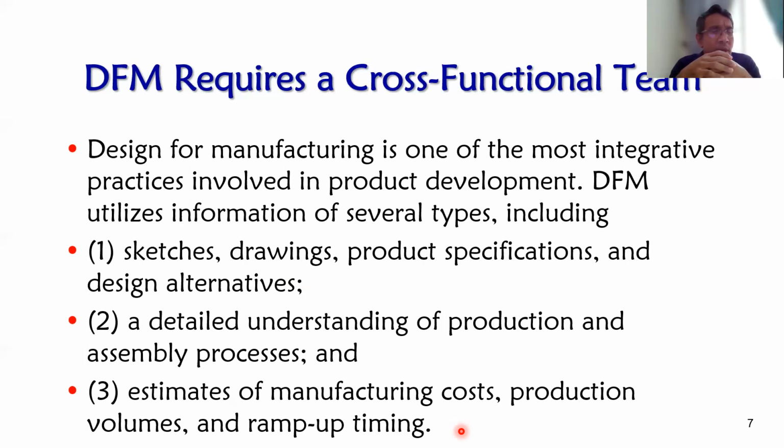We need to work more efficiently. So when we design, we need to design a product that can be manufactured, that can be produced. The designer always does the design, but they need to have more information from the production side.